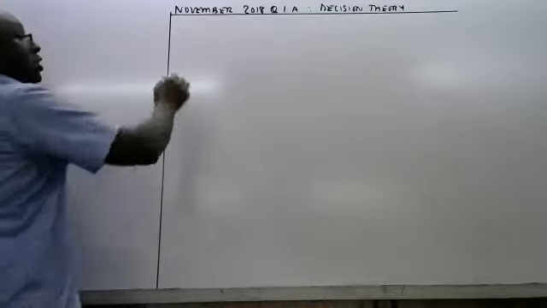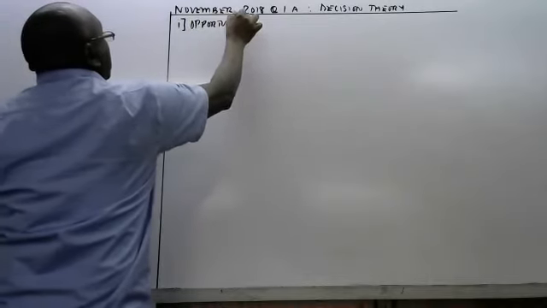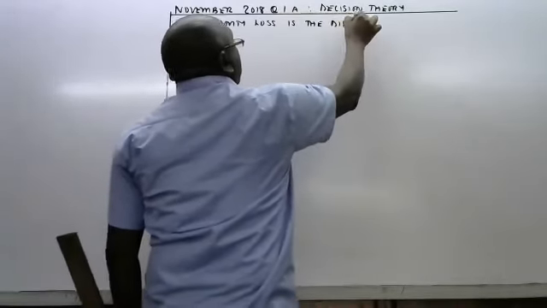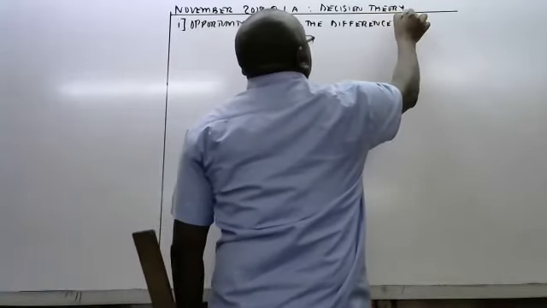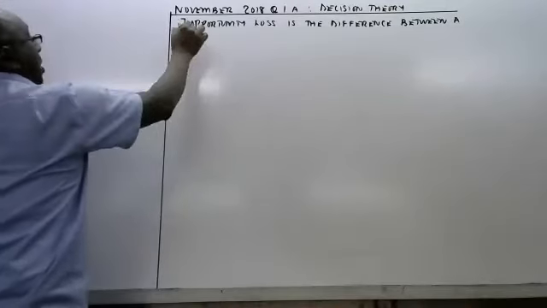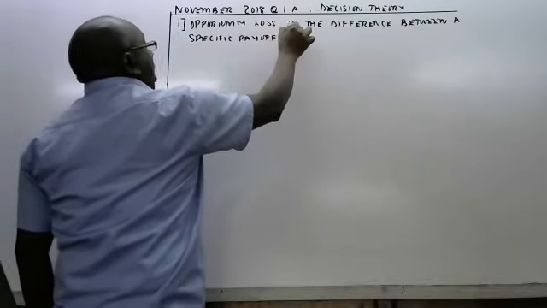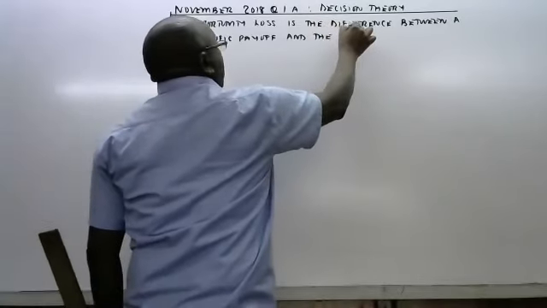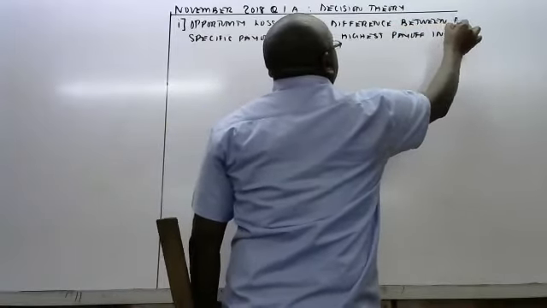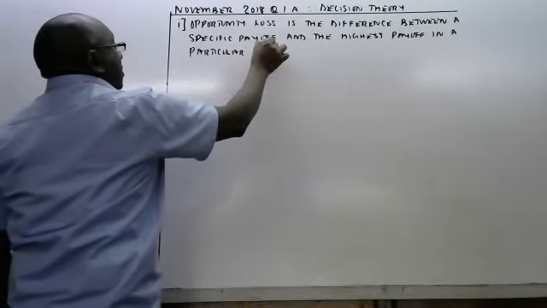So in decision theory, when we talk about opportunity loss, it is the difference between a specific payoff and the highest value, the highest payoff in a particular outcome.